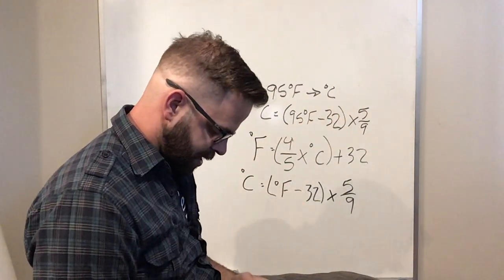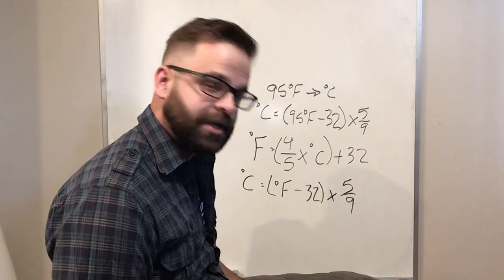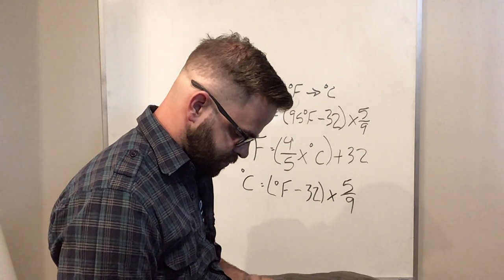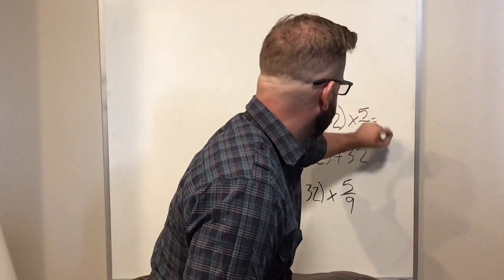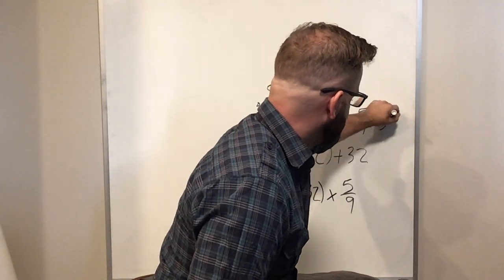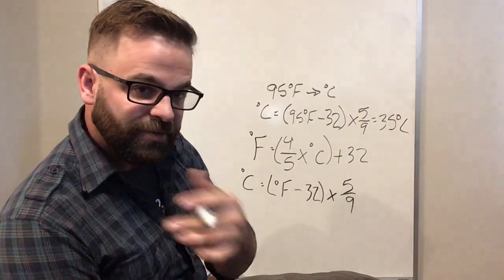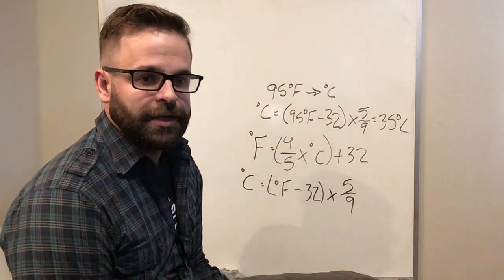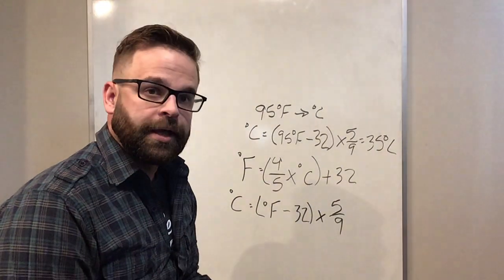So we take 95 and subtract 32, which gives us the value of 63, and then we multiply that by 5 over 9, and we get a value of 35 degrees Celsius. Okay, so fairly straightforward. Sometimes it takes a little bit to get used to, but it's not all that bad.